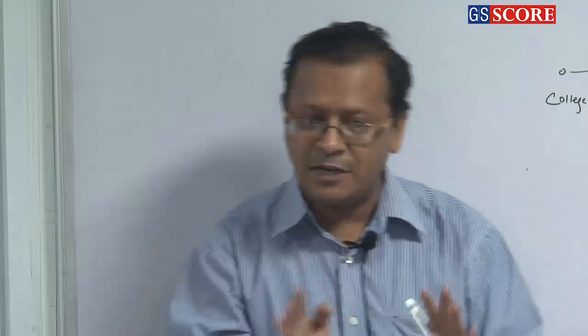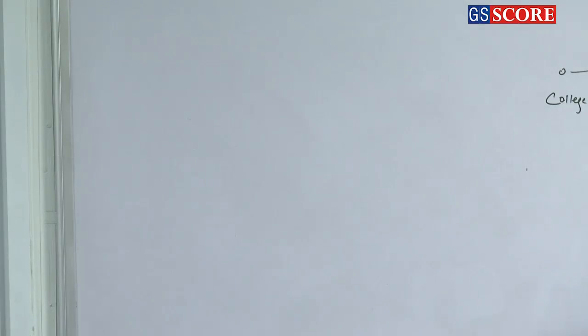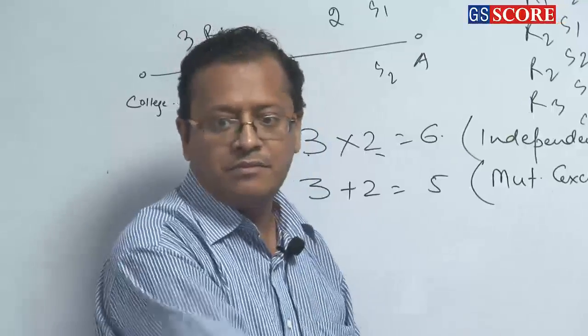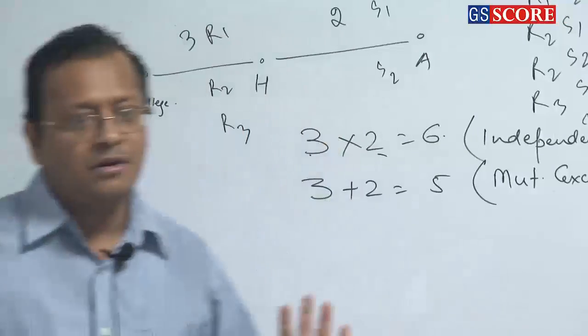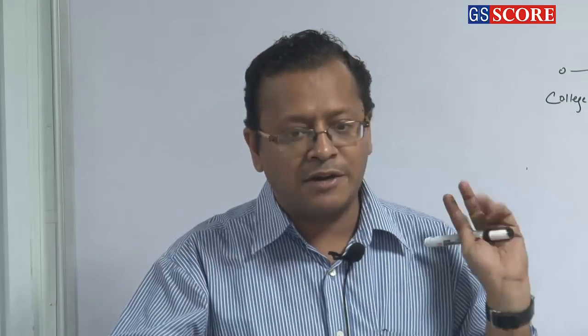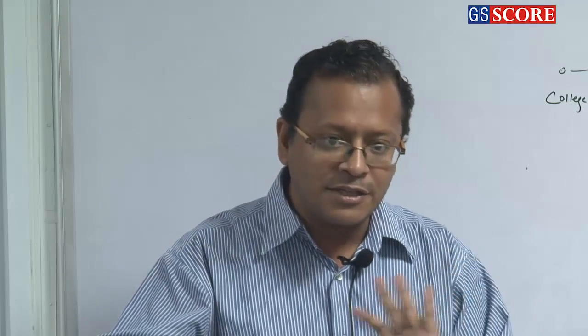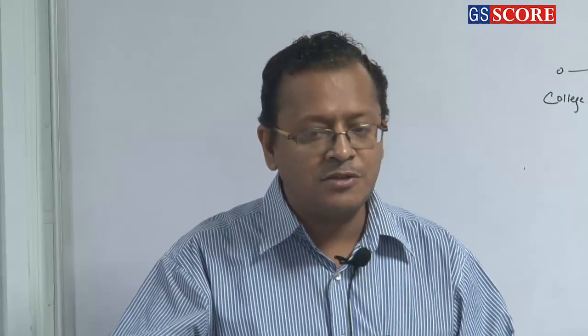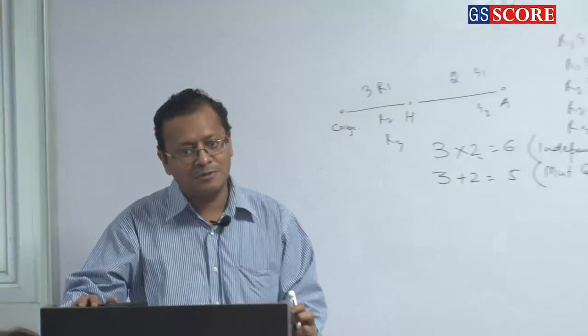I am not saying that I am picking up and making them sit, I am just picking any 2 and they stand here. Clear or not? So this is the case of order does not matter. When order does not matter, it is known as combination. When order matters, it is known as permutation.